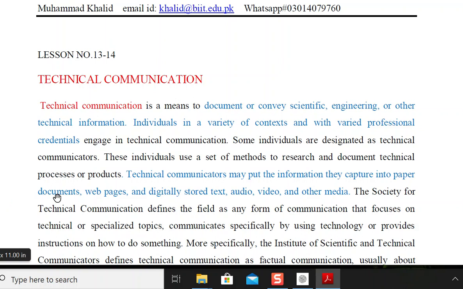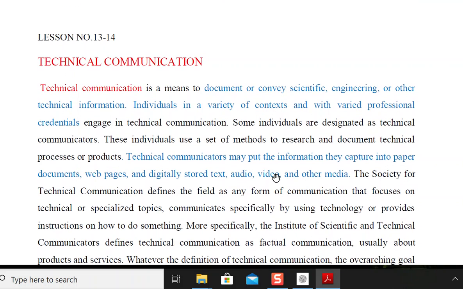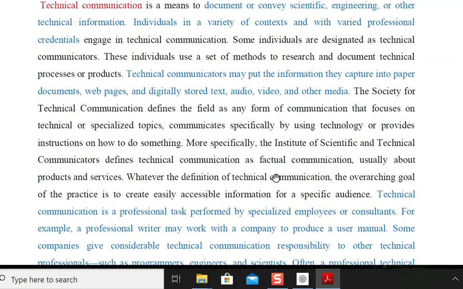Generally, those documents are technical and scientific reports, scientific web pages, digitally stored text, audio, for example the tutorials, guides, lectures, symposiums, video tutorials, multimedia reports, and all others. So technical communication is very handy and important to survive in the working environment.